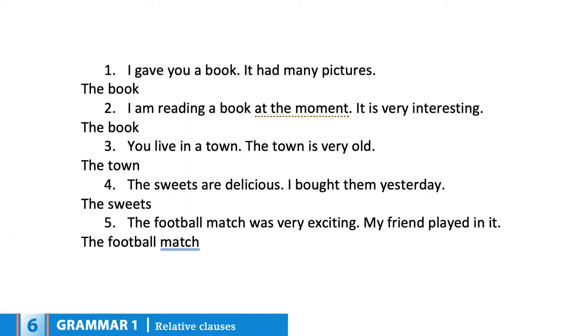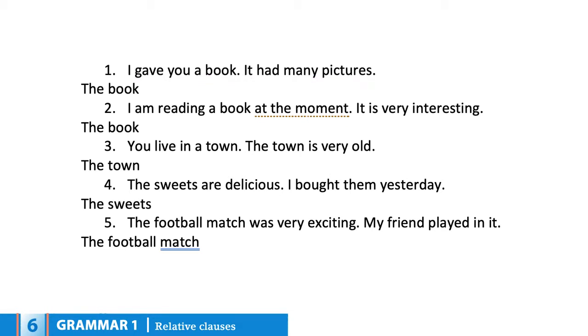Now, this exercise is quite similar to the previous one that you've done before. In this case, you've got two sentences here, and you have to put them together using a relative clause. All right, so here we go.